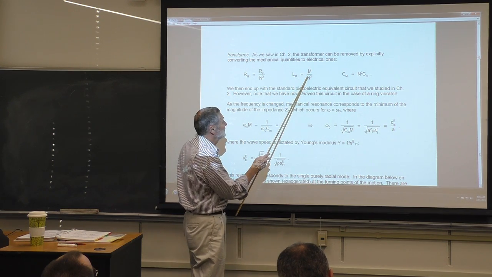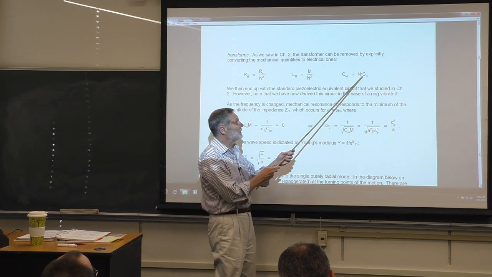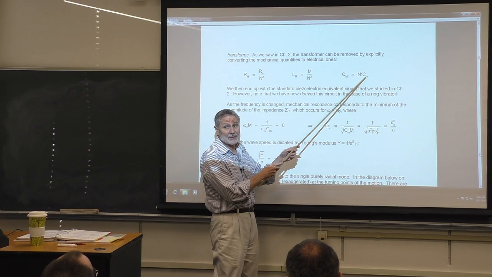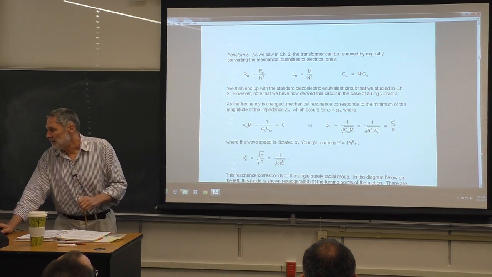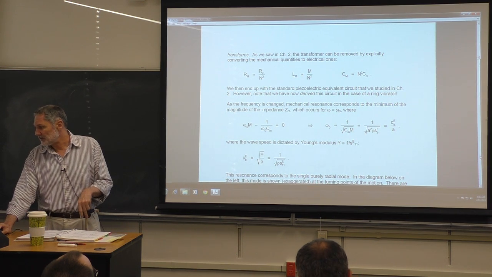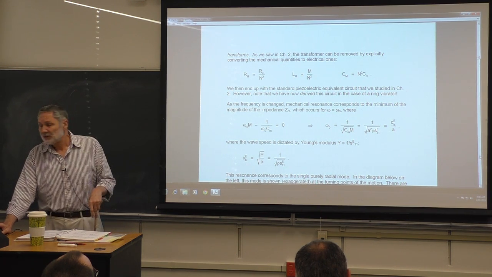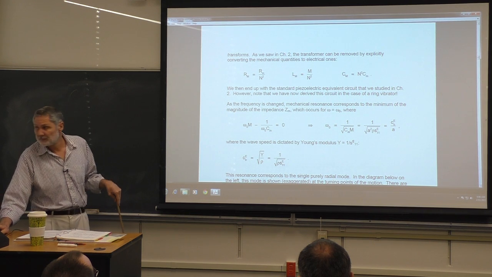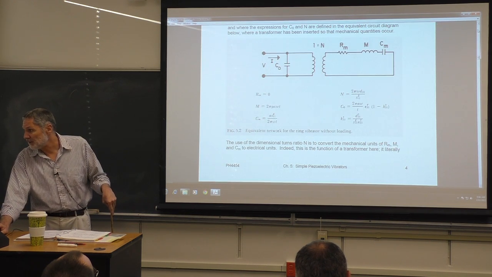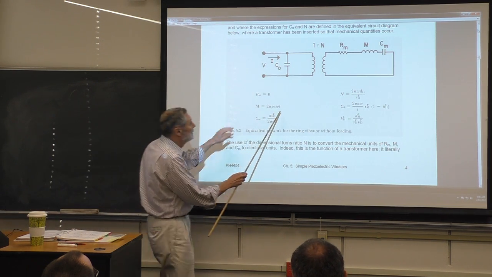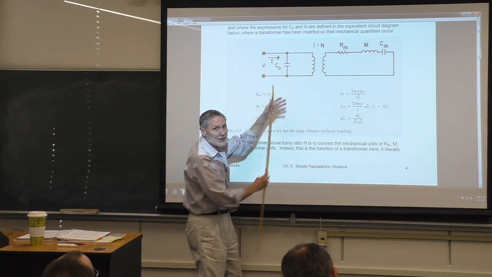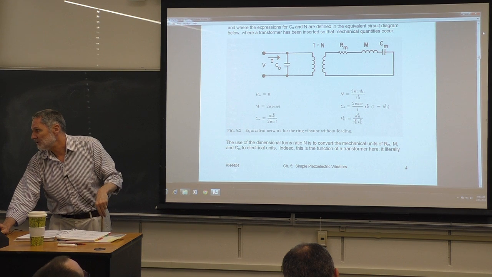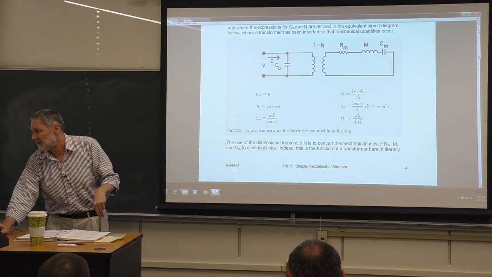You take the mass and divide by N squared, and you multiply the compliance by N squared, and that will give you the equivalent electrical capacitance. So when you do that and come up with this now fully electrical circuit, you can see, and I'll let you do this if you're interested, but you can do it in your head, I think.